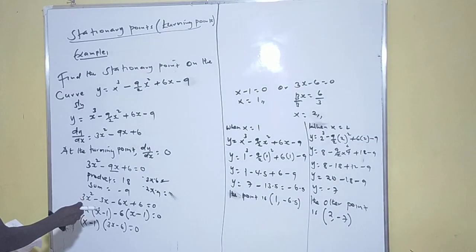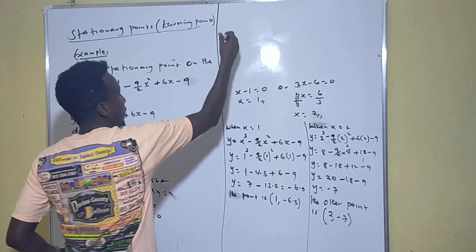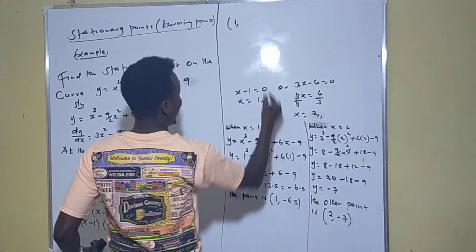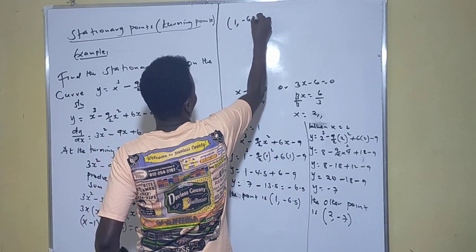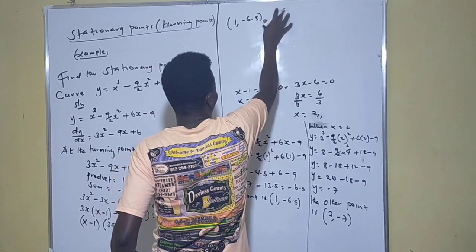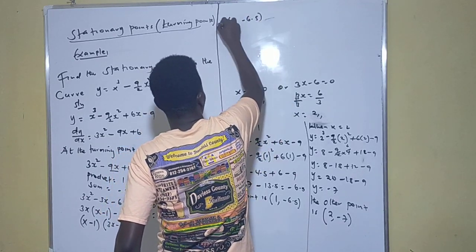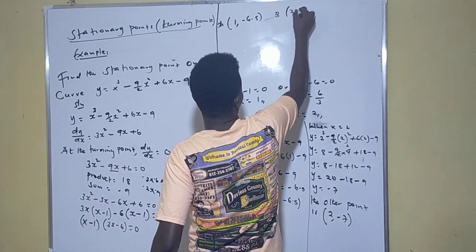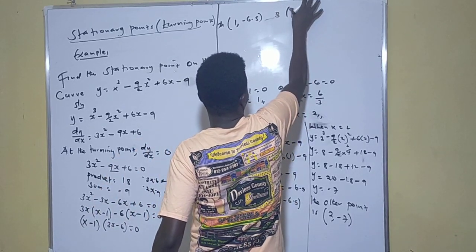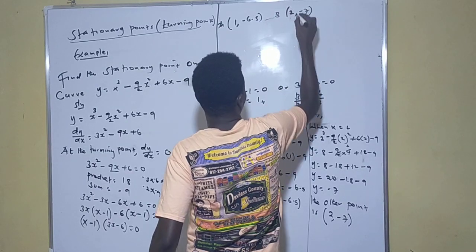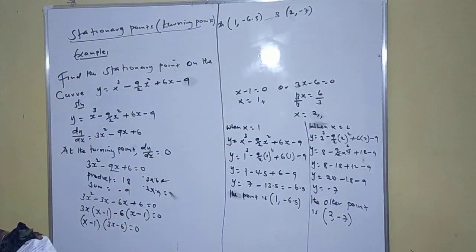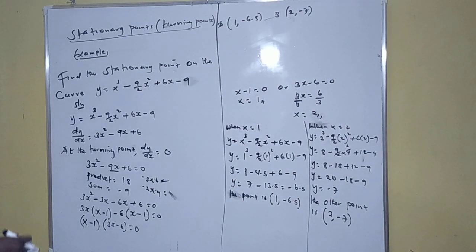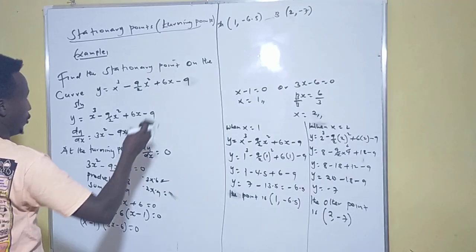Remember, our first point, point A, is 1 comma negative 6.5, and point B is 2 comma negative 7. We want to determine whether these turning points are maximum or minimum.